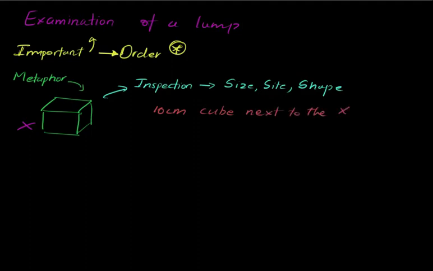For example, when you take a lump on the shoulder, we'll say to the examiner, it's a 10 centimeter diameter hemispherical lump located on the right shoulder. So in inspection you have to see the size, side, and shape. You see it and you just tell it.